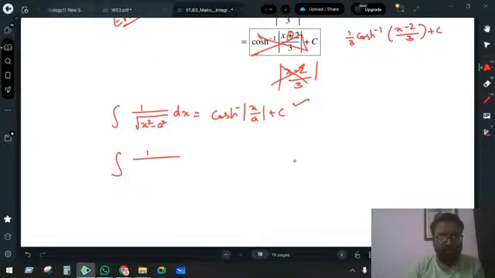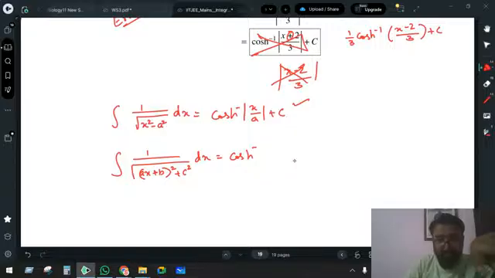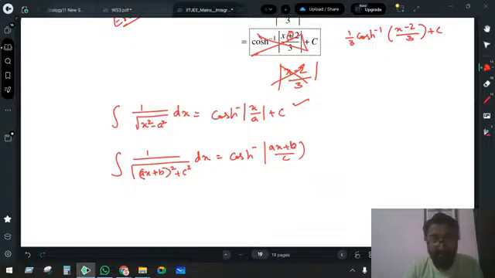Integration of 1 by under root of ax plus b whole square plus c square into dx is equal to cos h inverse of ax plus b.